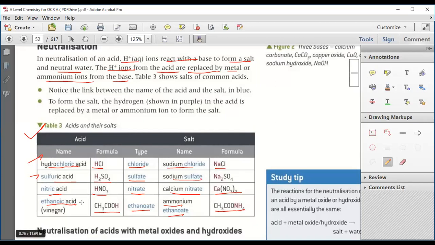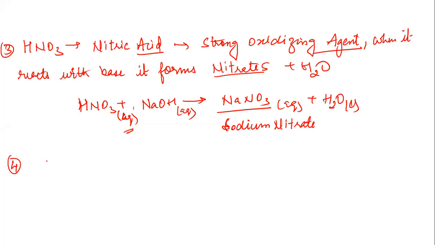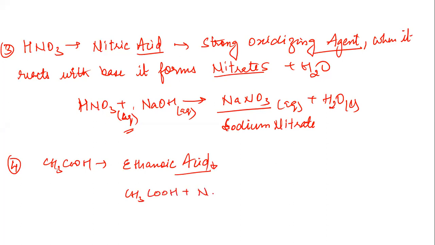Now this one, ethanoic acid. We are left with this one. The fourth one is acetic acid, CH3COOH. This one is also known as ethanoic acid. Now CH3COOH plus NaOH gives you water plus CH3COONa.